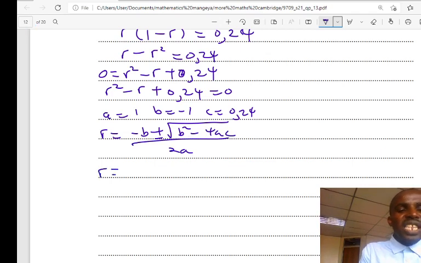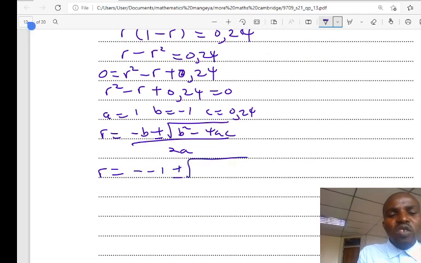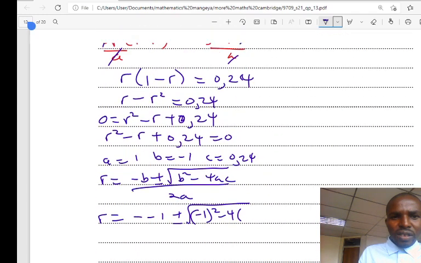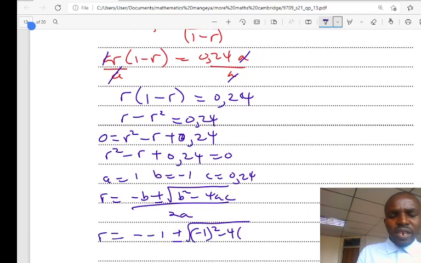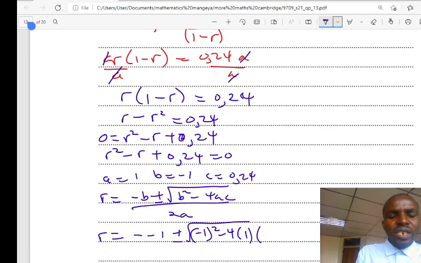So r is equal to minus b, which is minus 1, plus or minus square root of minus 1 squared minus 4 times a, which is 1, times c.